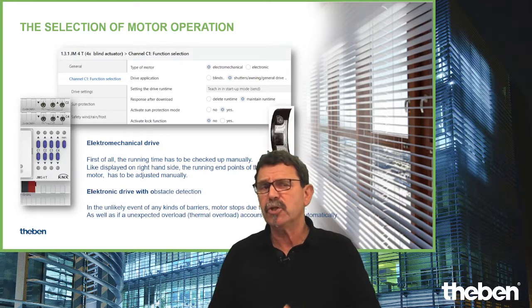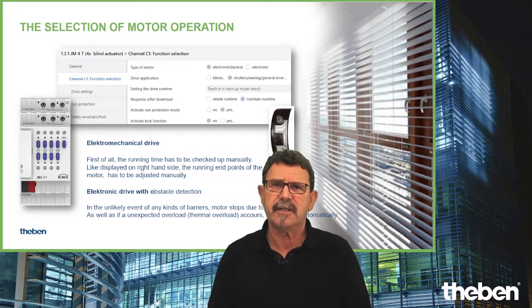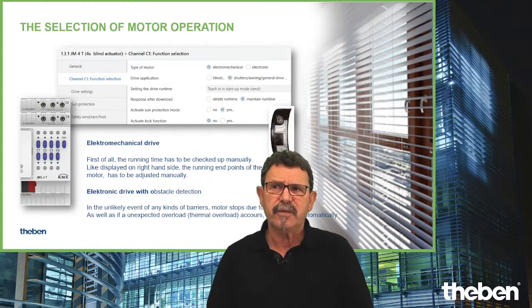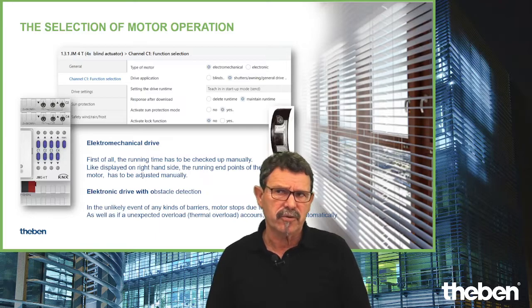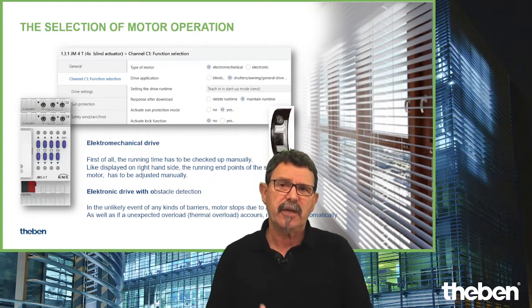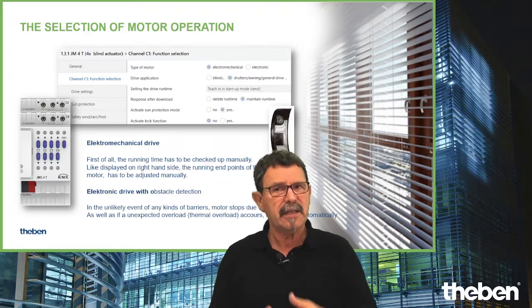We have to distinguish two things, just for all those who have probably not that deep experience with it. We have two different settings in terms of the drives. We have electromechanical drives, which need these running times. Here you have to preset the running times in the application.